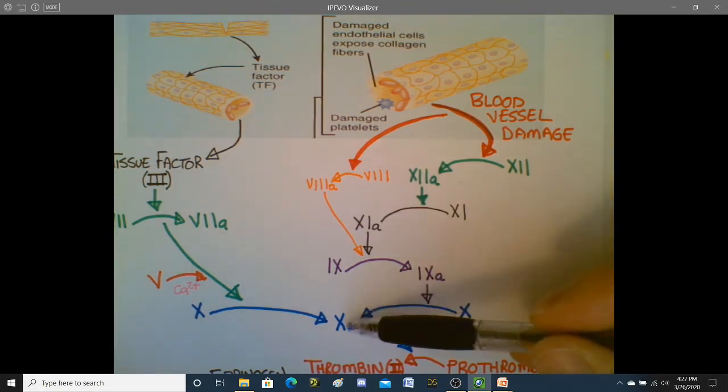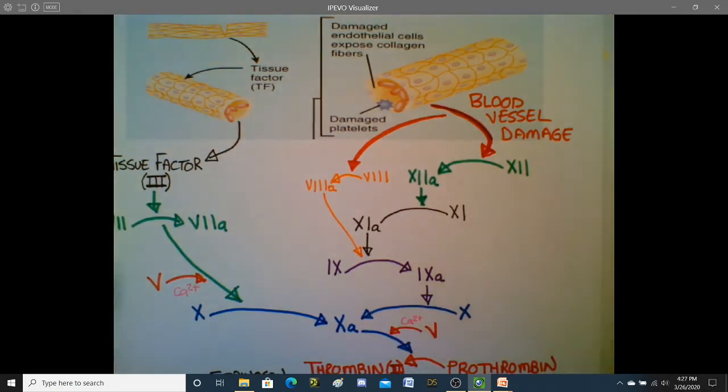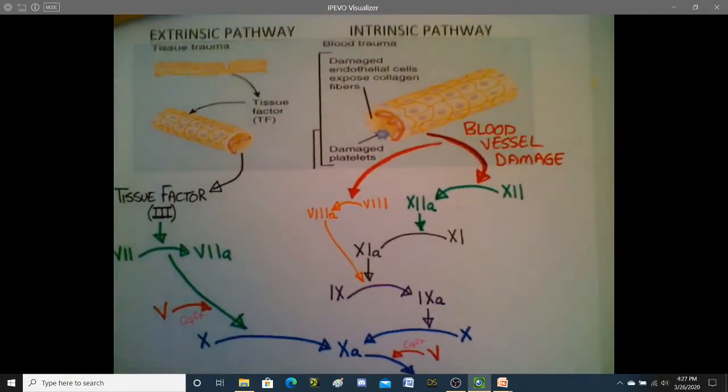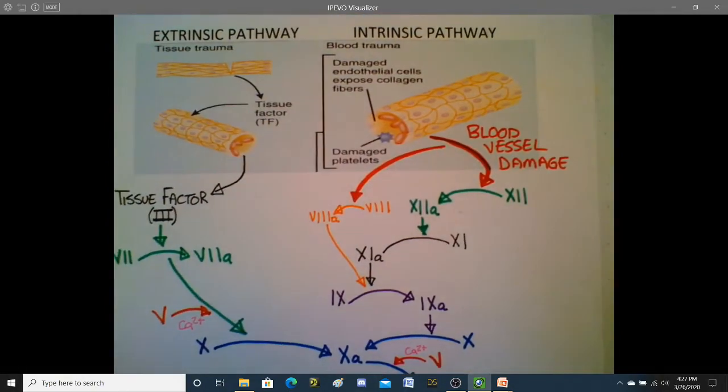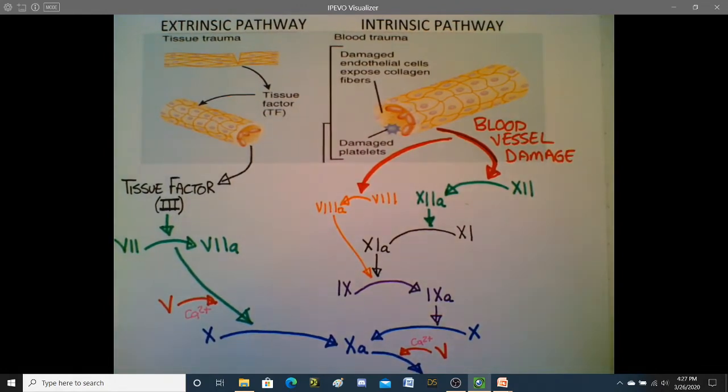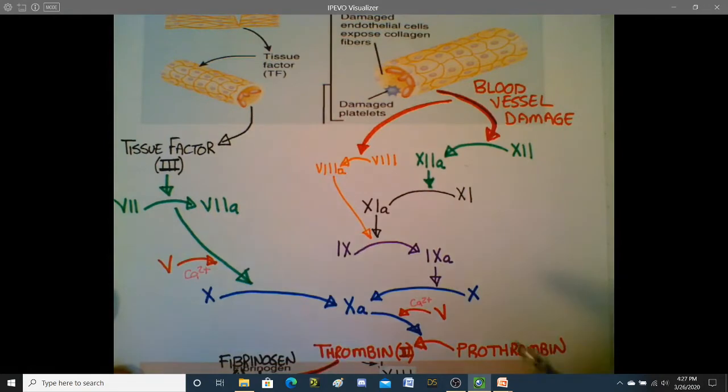And then see these merge. So the extrinsic and intrinsic pathways merge at clotting factor 10. And so for everything below clotting factor 10, we call the common pathway. So this is our common pathway right here.